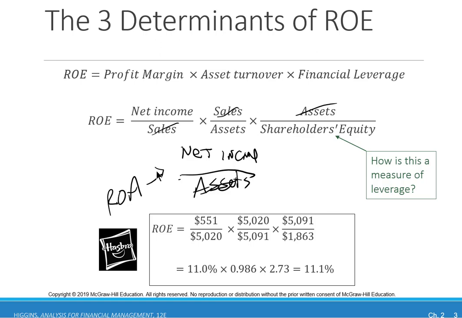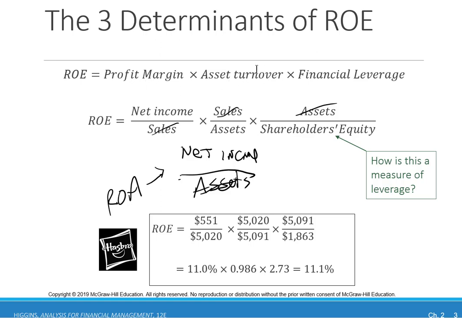So now we can answer this question a little bit differently, right? At least we have some more meat to work with. How can you increase the profitability to owners? You can increase profit margin.